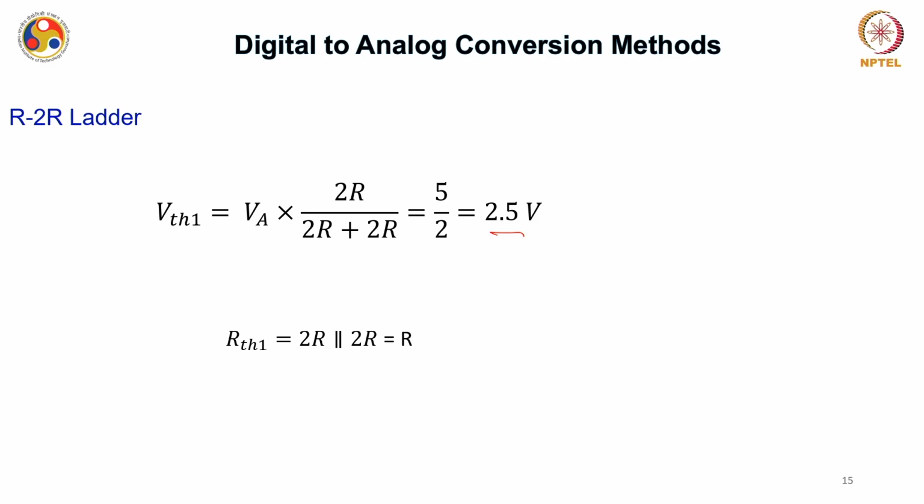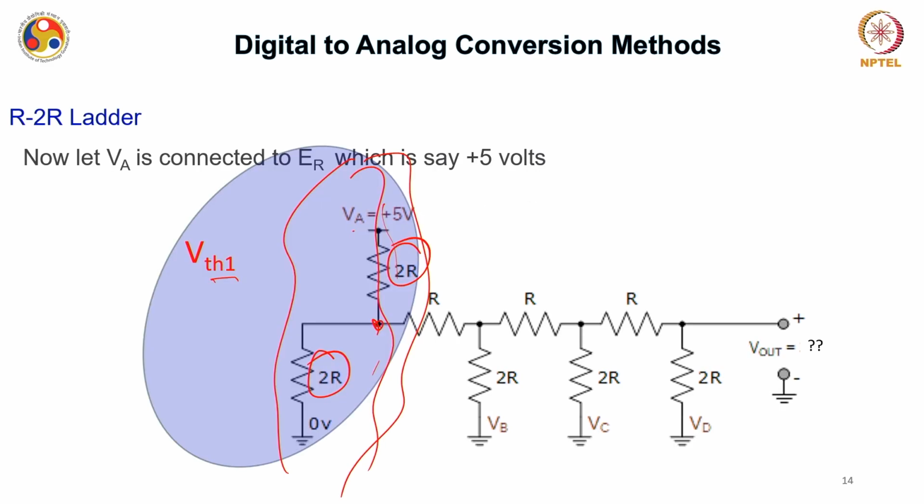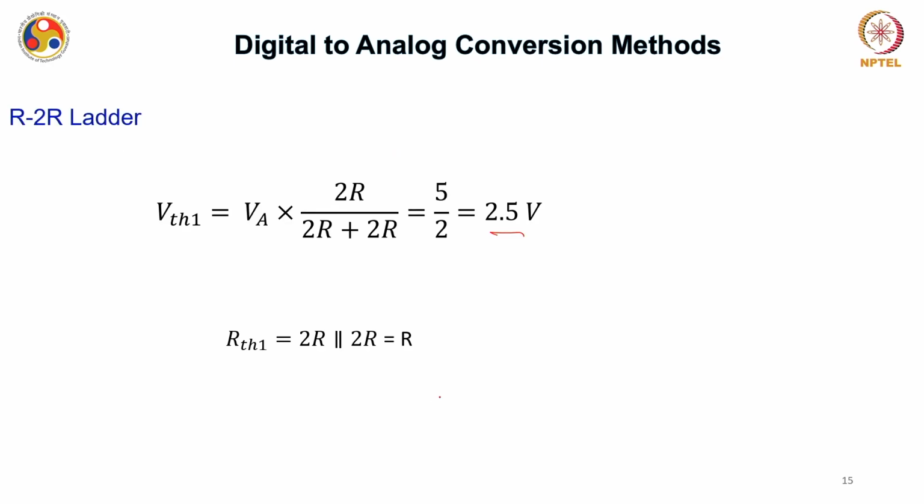Now, RTH1, if you see from this side, is the parallel configuration of this 2R and this 2R, which means that I have attached it over here. You can also think something like this for visualizing it in a better sense. It is the same, just I have connected a wire over here. Now, this 2R is in parallel with this 2R, and at that point this RTH1 becomes R.